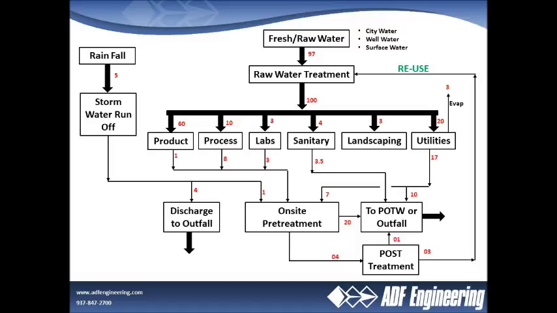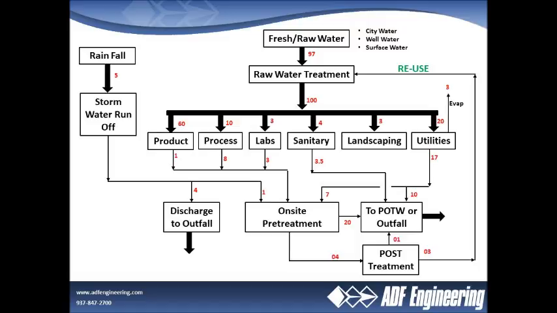Also important to remember to evaluate and consider in this water balance diagram is your stormwater, which is shown on the left side of this flowchart, so to speak. Based on historical data and your storm flood projections, you have the amount of water that comes in.